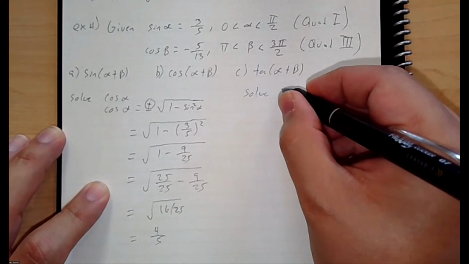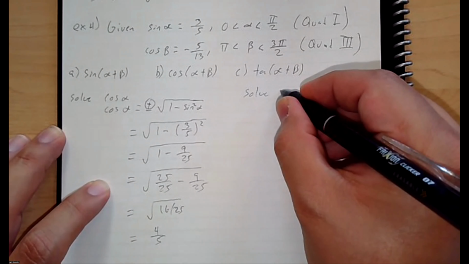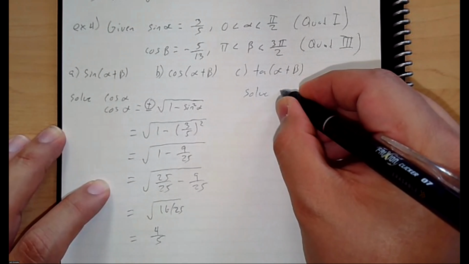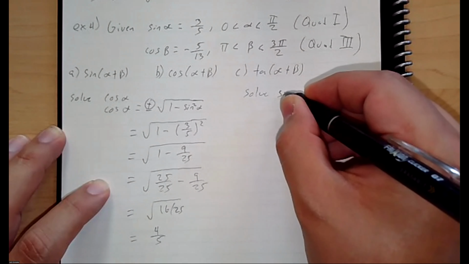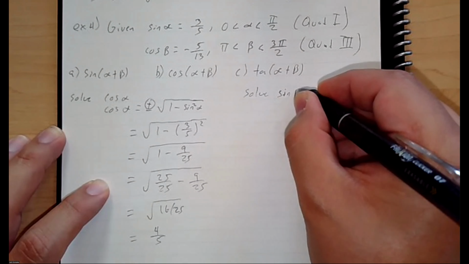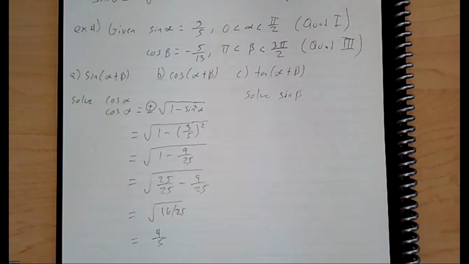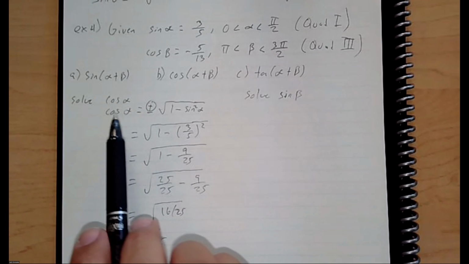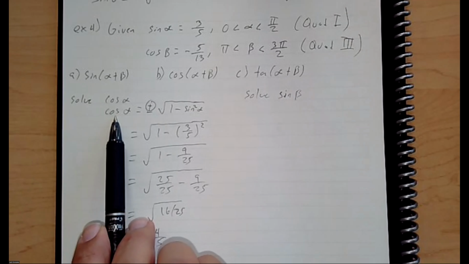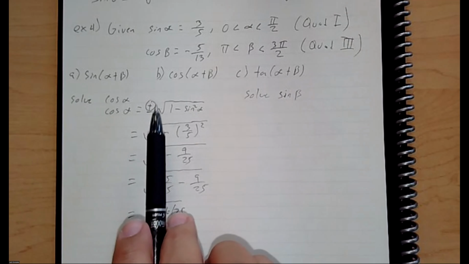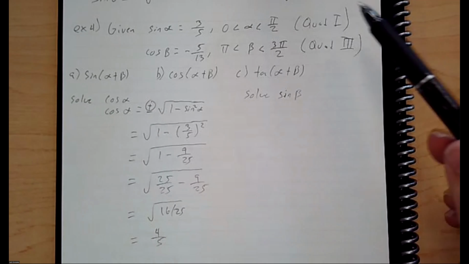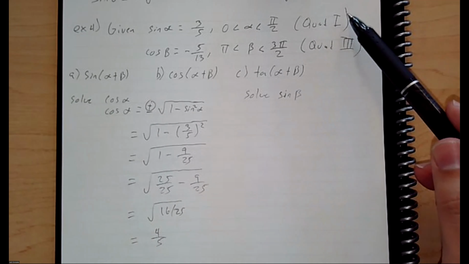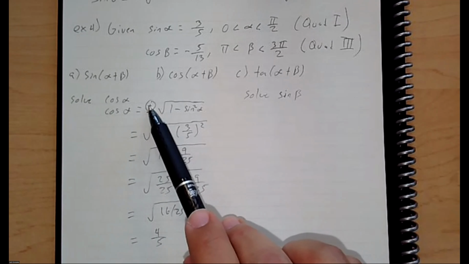Now let's solve for sine beta. I'm sorry. So the positive and negative is based off whatever is inside the square root. You choose the plus or minus by looking at the sign and deciding, am I negative or positive? And that's determined by the quadrant. Cosine is positive here, so you choose plus.